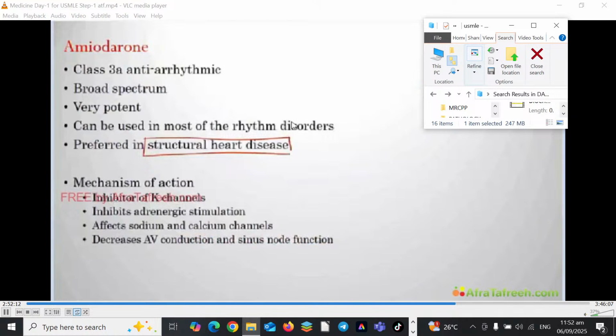It has various mechanisms of action, that's why it's a broad spectrum drug. It is an inhibitor of potassium channels, inhibits adrenergic stimulation, affects sodium and calcium channels, and decreases AV conduction and sinus node function.